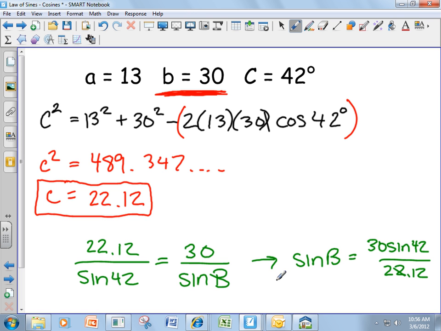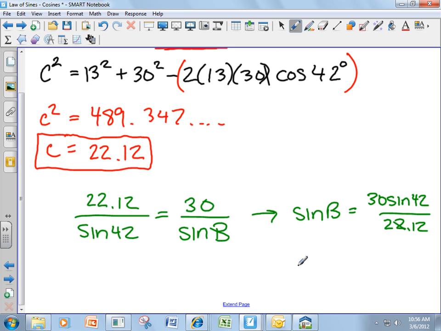When you do this, you're going to have to do the inverse sine of this decimal. So I want you to go ahead and do that in your calculator and make sure you end up with the same answer as me. When I do that, I get 65.16 degrees.